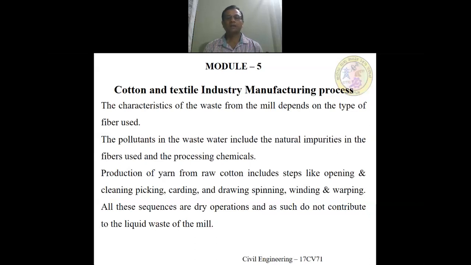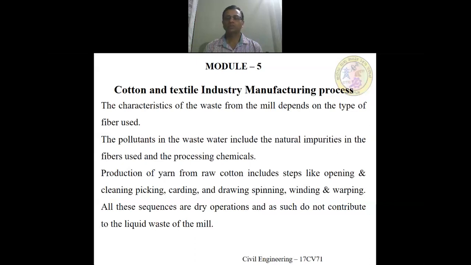The production of yarn from the raw cotton includes steps like opening and cleaning, picking, carding and drawing, spinning, winding and wrapping.